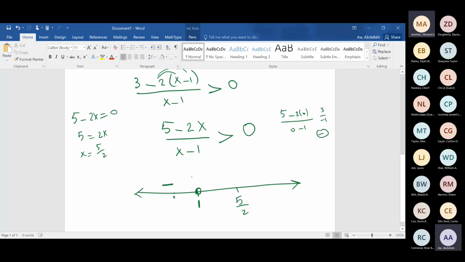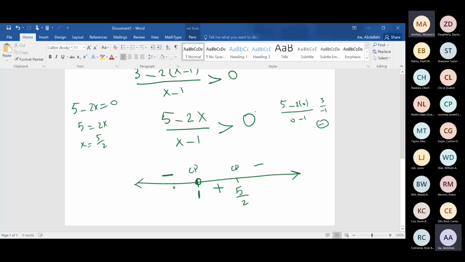Since everybody is a cross point, it's going to be plus, and then minus. So the sign I'm looking for is a positive sign, which means my solution is here. And I open both of them because I don't see an equal sign. So the solution is the interval (1, 5/2).